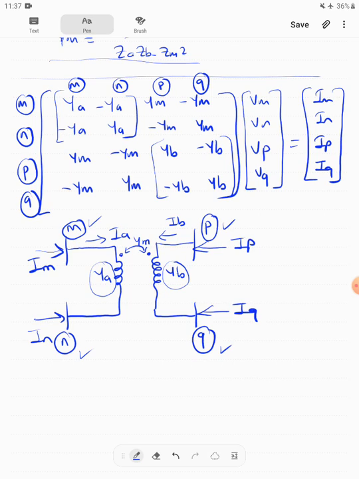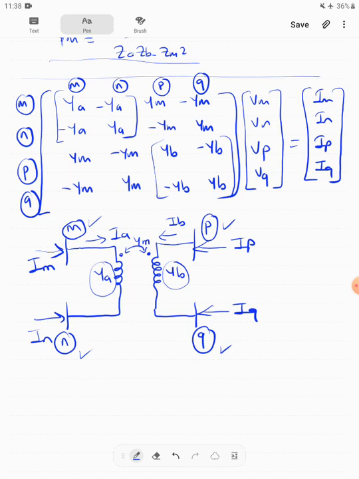You see YB is placed between bus P and bus Q. So this is a kind of visual verification by using this figure.